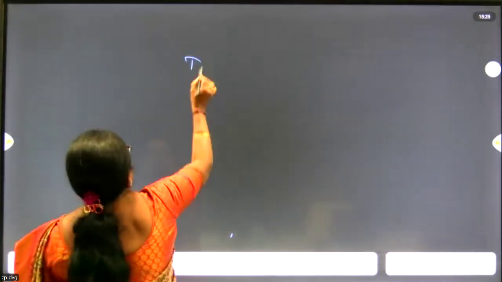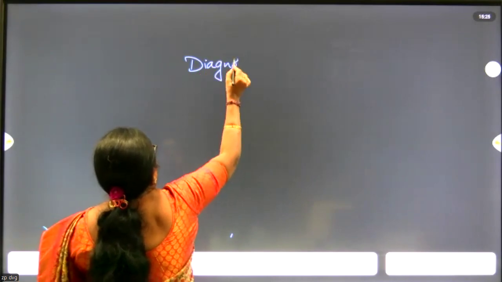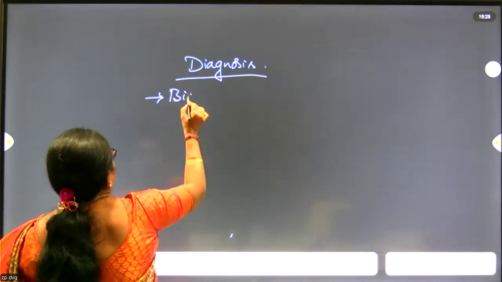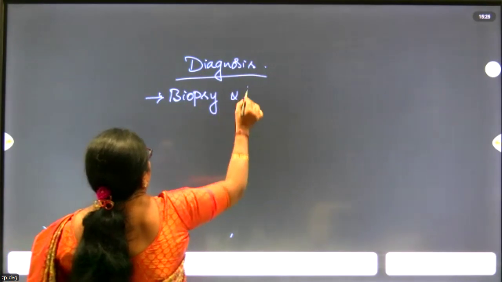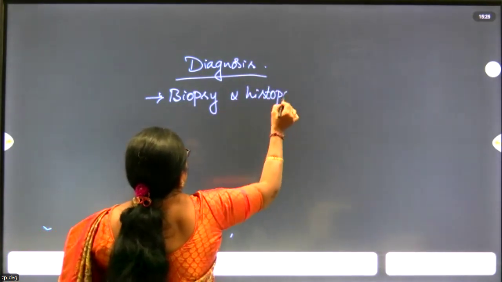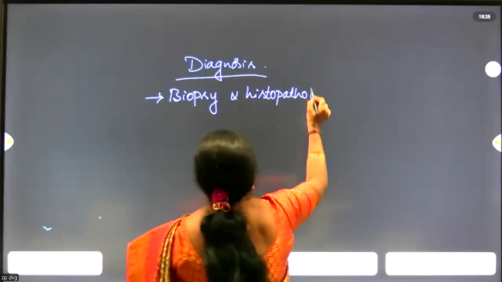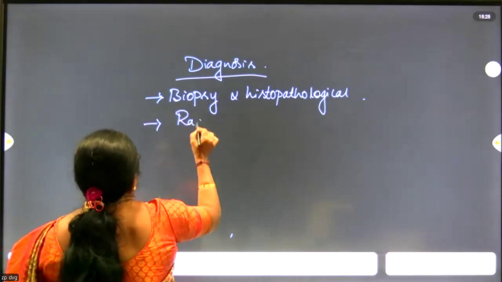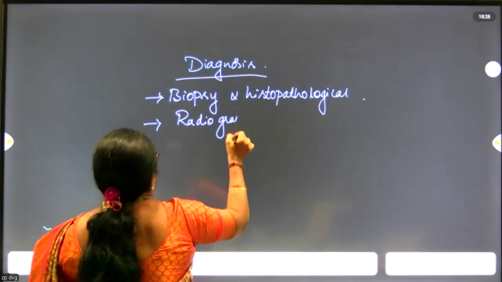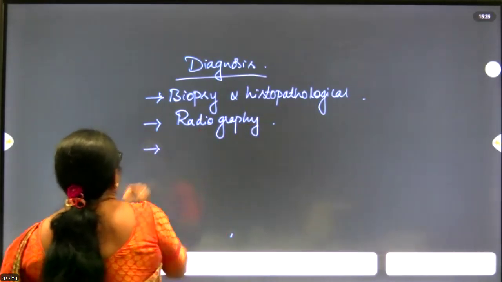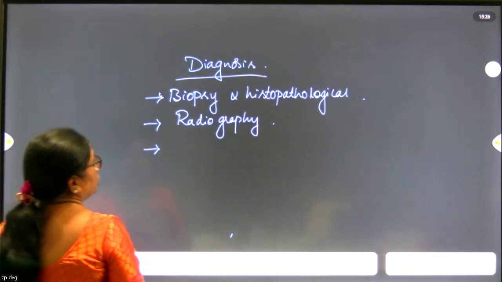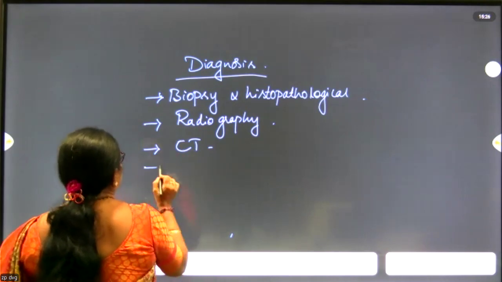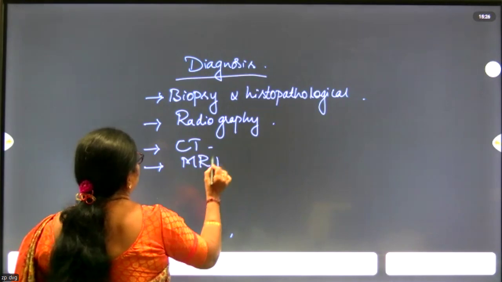So diagnosis: biopsy and histopathological examination, radiography, CT, that is computed tomography scan, MRI, magnetic resonance imaging.